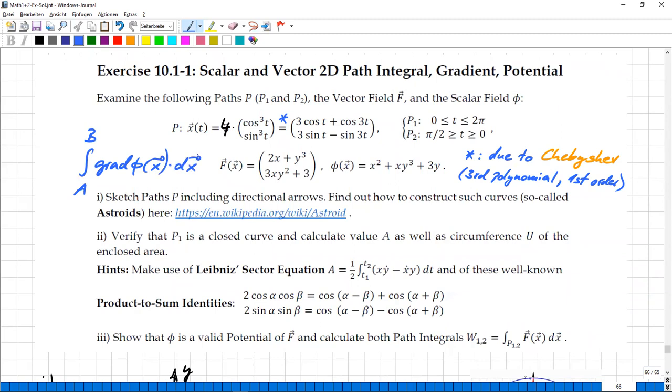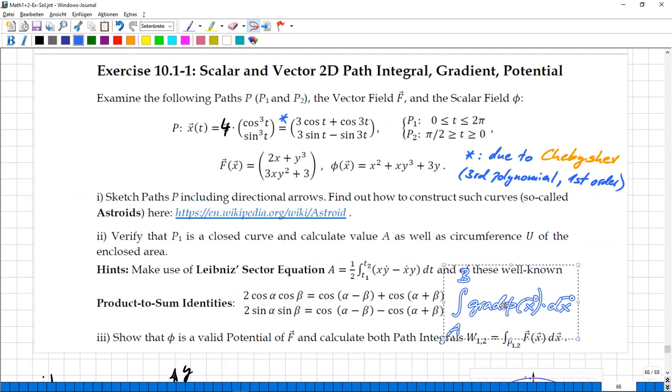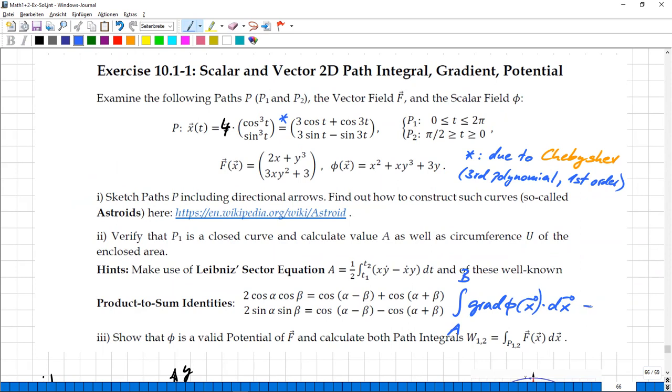Then the result will be, I'm sorry, I don't have space right here. You don't have to evaluate the path integral in this case. The result will simply be the primitive function, which is the potential phi of x, evaluated between the starting point and the end point.